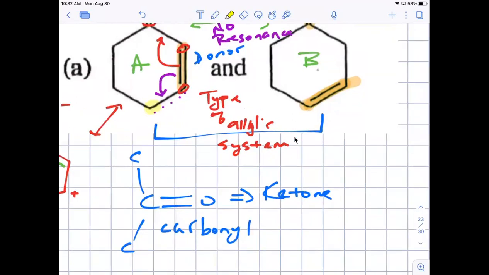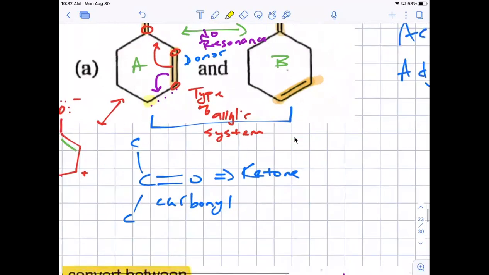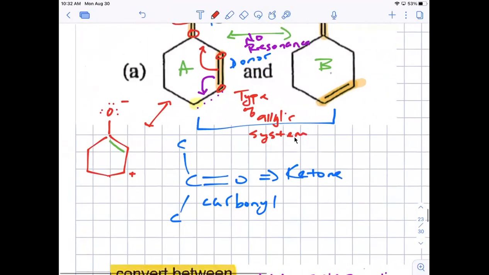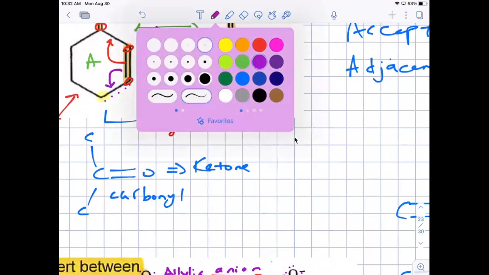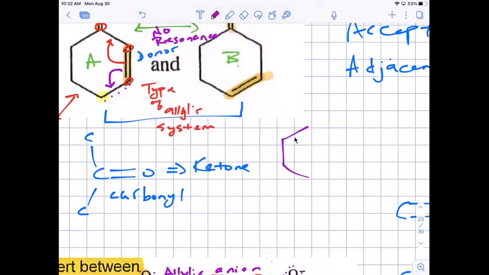Let me just show you what happens if I do that. This is going to be sloppy, but let me just draw it. I'm going to leave all the atoms intact. I'll make it in purple, which might help to keep it orderly.